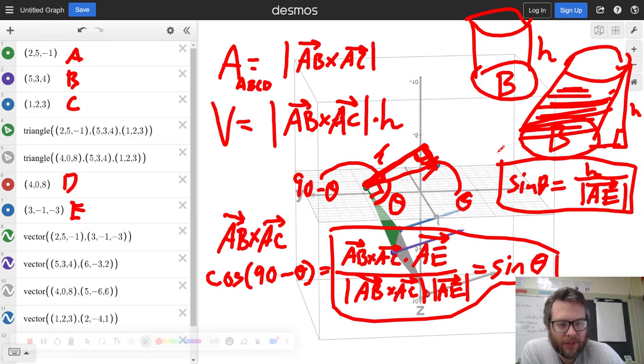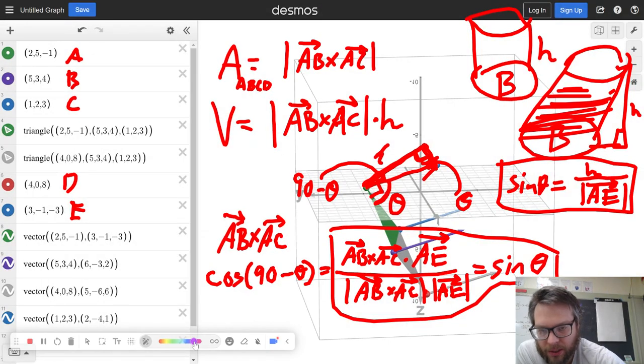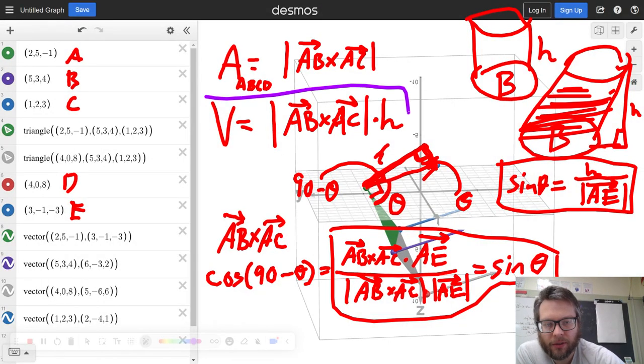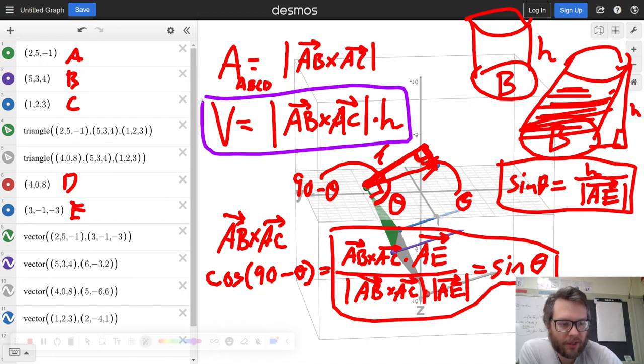And the benefit of setting those equal to each other is, remember, don't lose sight of what we're trying to do. We're trying to find the volume. And the thing that we need to know to find the volume is what is h. So if I set this sine here equal to this sine here, then I can solve for h. I need to just multiply by AE's magnitude over here.